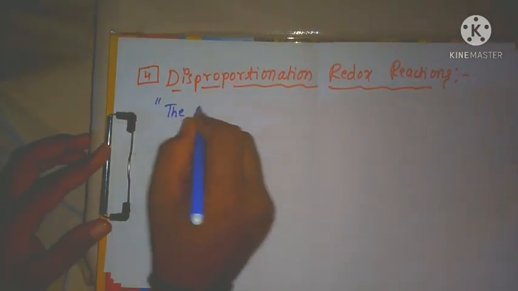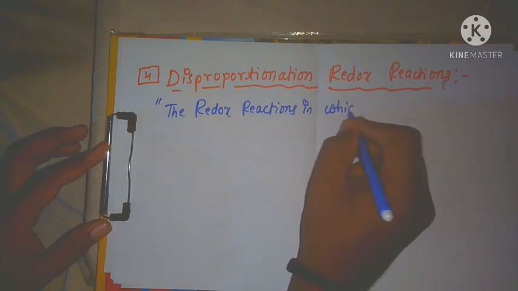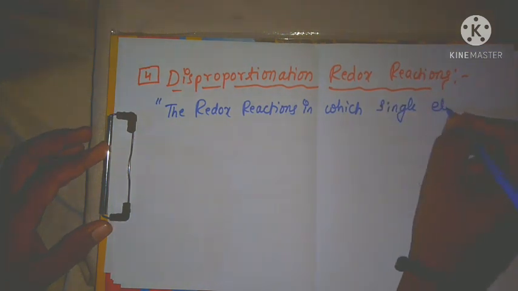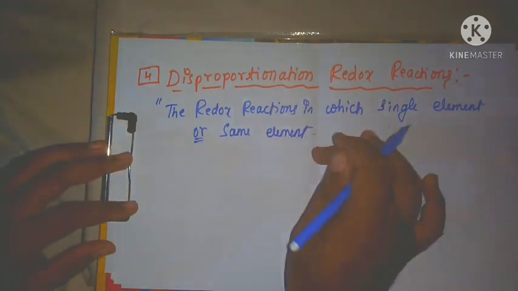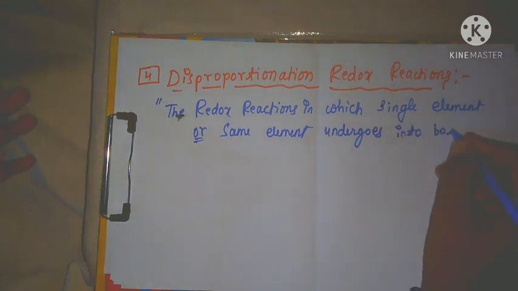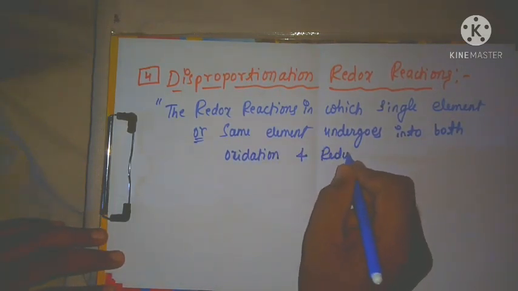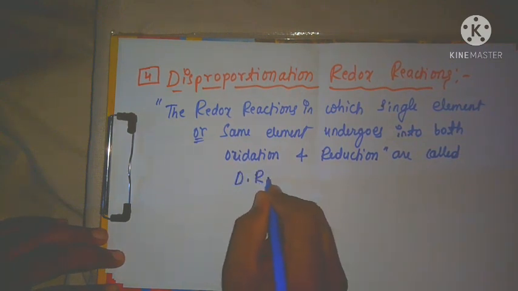Now I am writing the definition here. The redox reactions in which one element, or single element, or the same element, undergoes both oxidation and reduction are called disproportionation redox reactions.